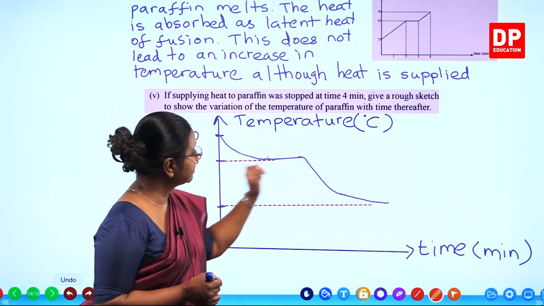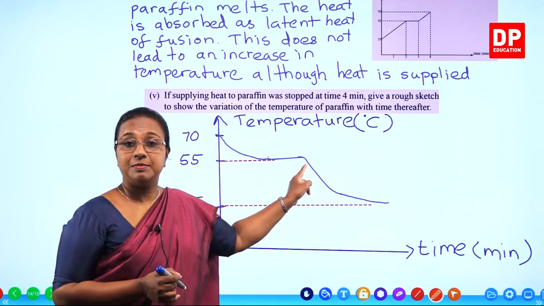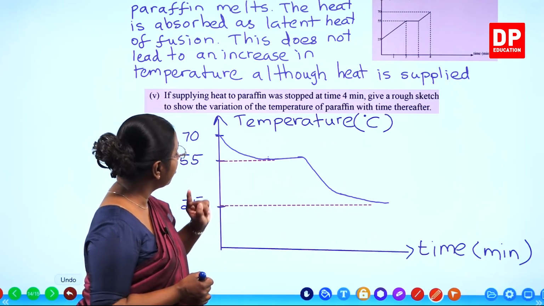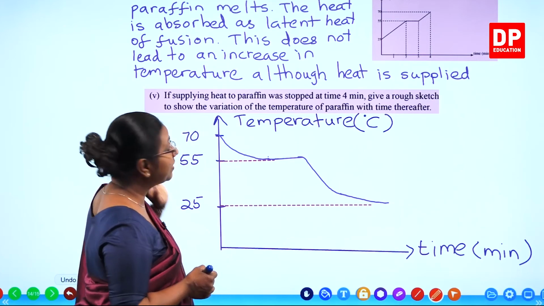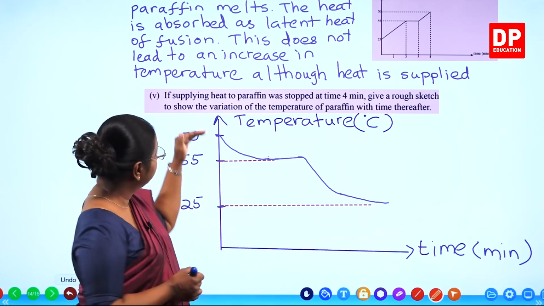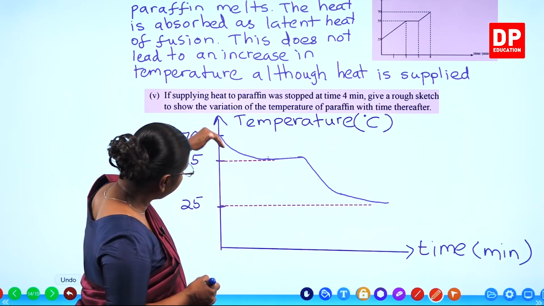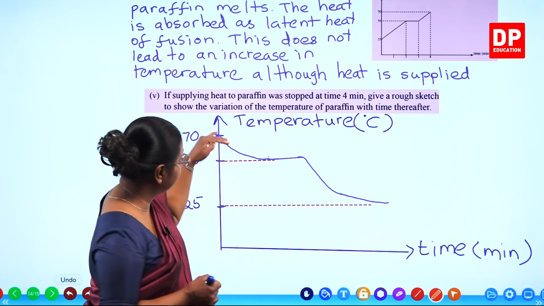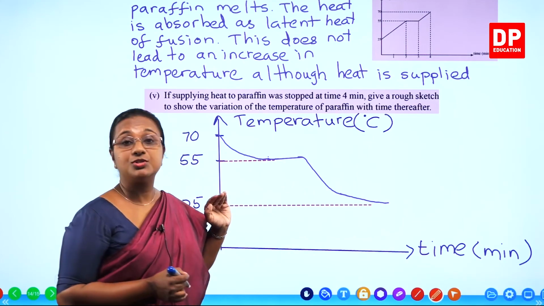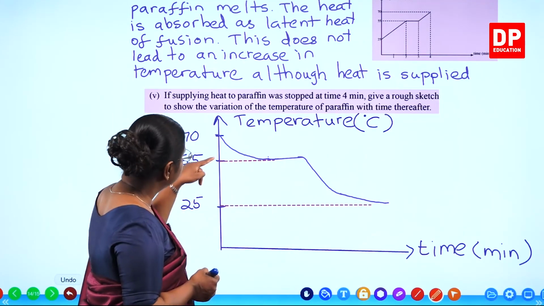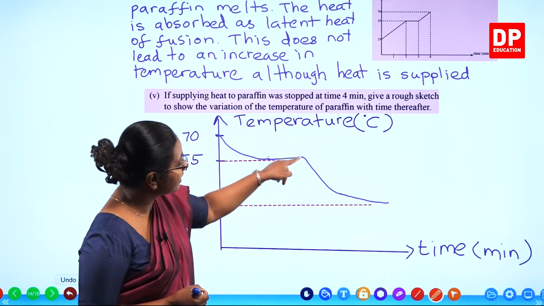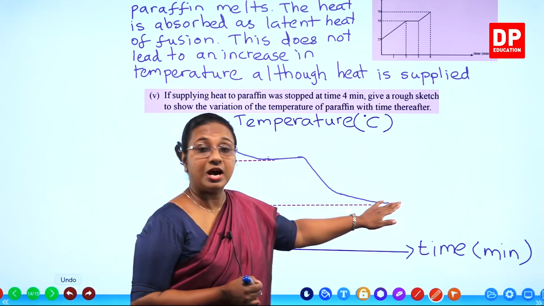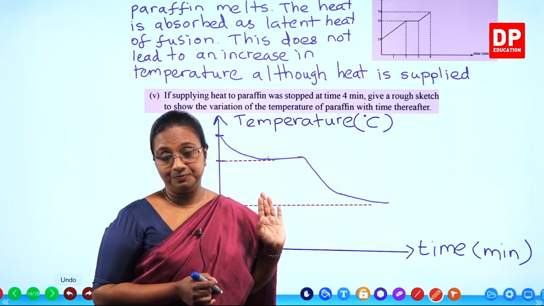And then when there is a state change, the temperature remains constant. Again, the temperature decreases. And there also you can see when the temperature difference is high, when it's 70 degrees, the drop is faster. But when it comes closer to 55 degrees, it cools down slowly. The same way, from 55 to 25 degrees, initially the temperature decreases faster, then it slows down a little.